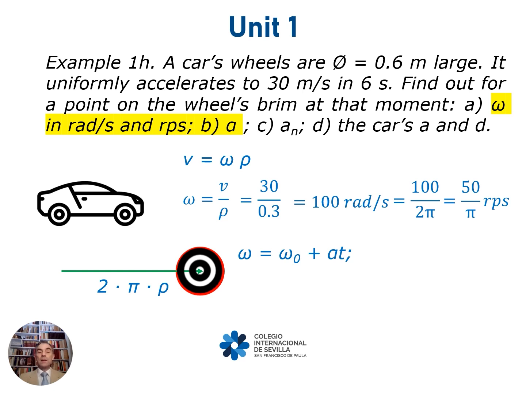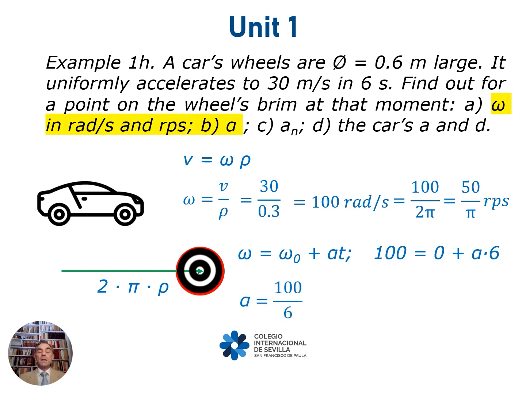By the time that linear speed and that angular speed of the wheel are reached, we can say that the angular speed of the wheel equals the initial angular speed when it started and it was at rest, plus the angular acceleration times the time. Therefore, 100 radians per second, which is the current angular speed, equals 0 because it started from rest, plus alpha times the 6 seconds that have elapsed.